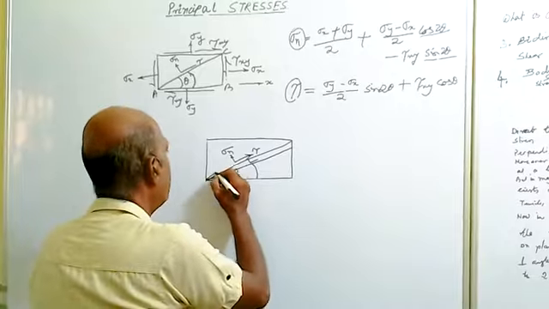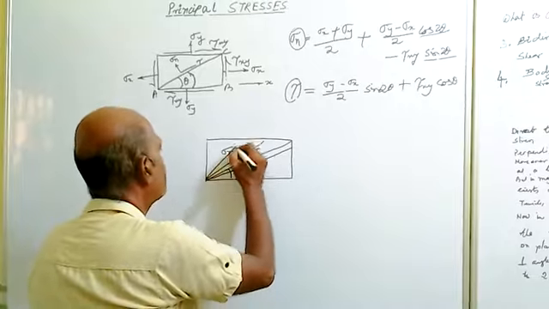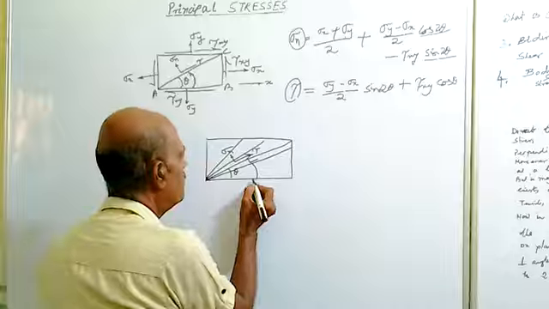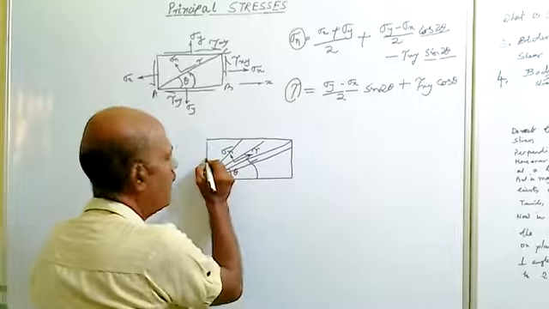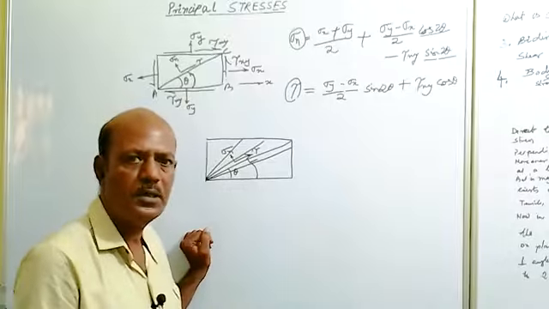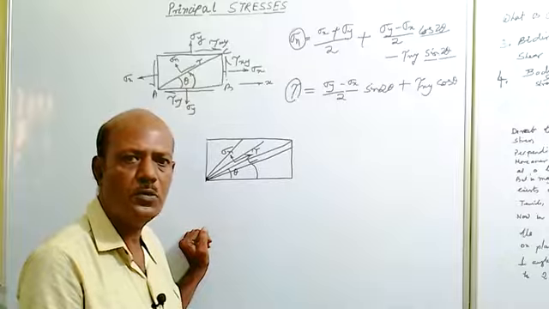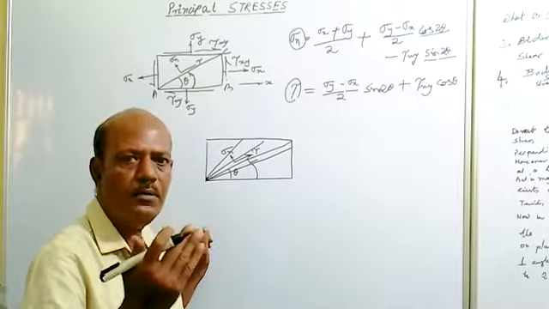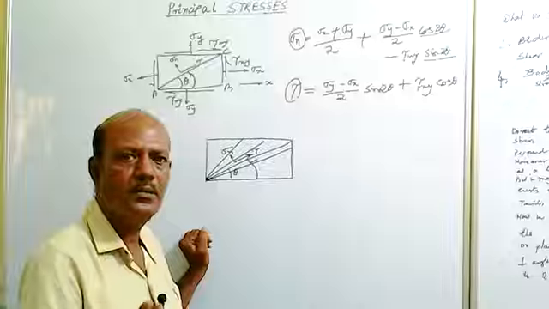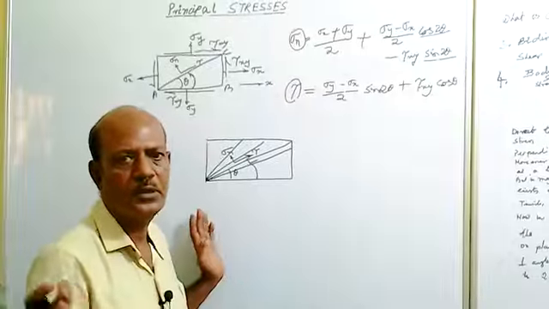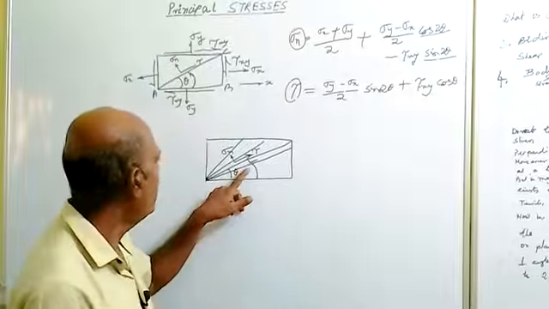Similarly, we can assume any number of planes from 0 to 90 degrees. So if we consider planes from 0 to 90 degrees, the values of sigma n and tau will carry on changing.